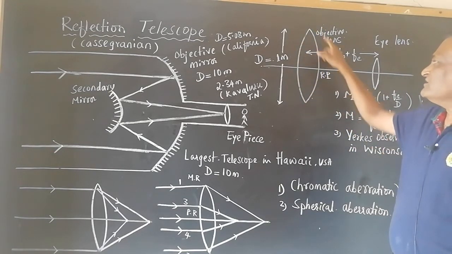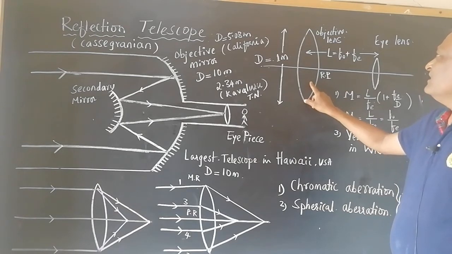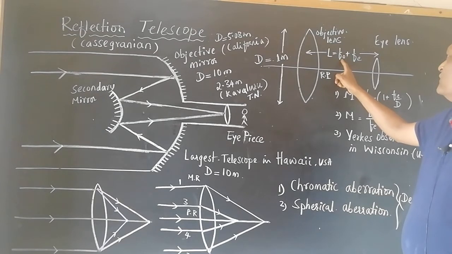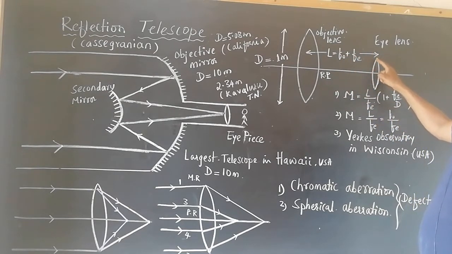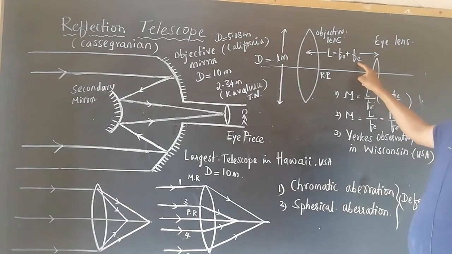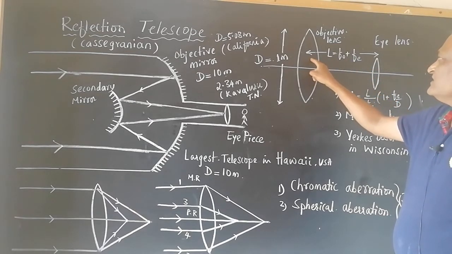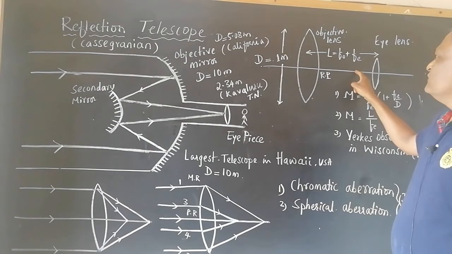So, the objective lens is of larger aperture and large focal length FO. The eye lens is of a small aperture and short focal length FE. The objective produces the image at FO.